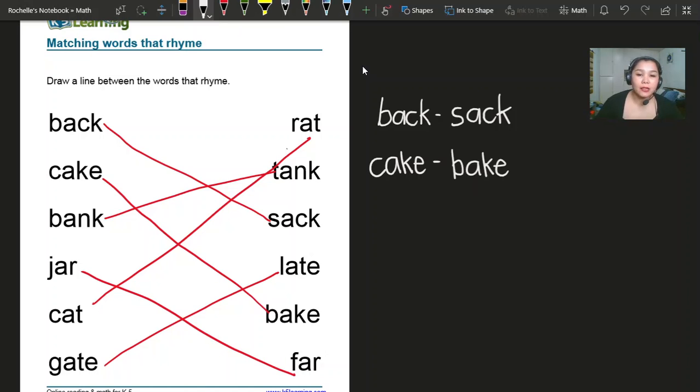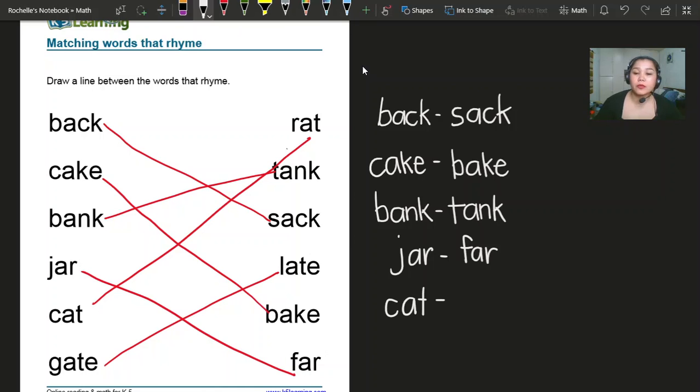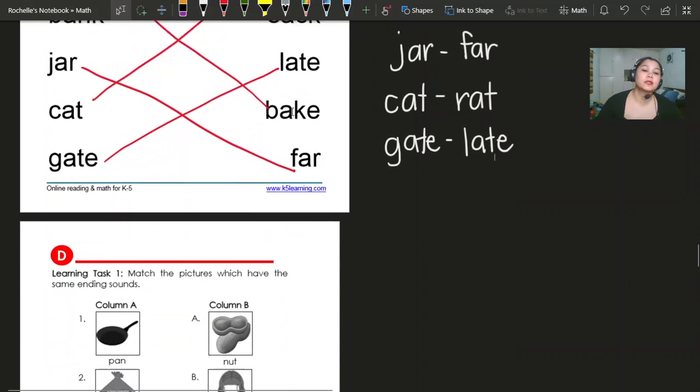Next one, bank, it rhymes with tank. Jar, it rhymes with far. Next one, cat, it rhymes with rat. And then gate, it rhymes with late. Okay, that's it. Those are the rhyming words.